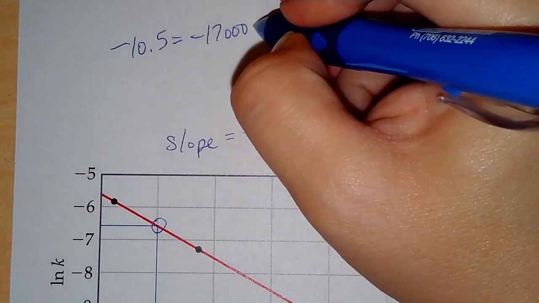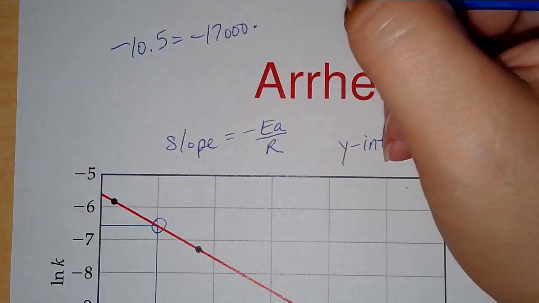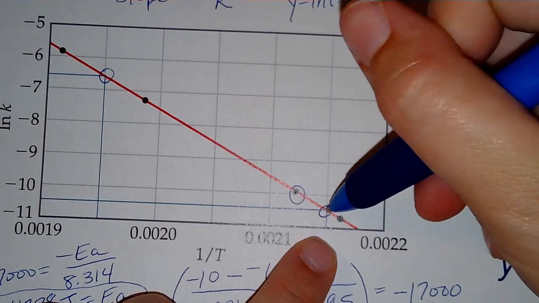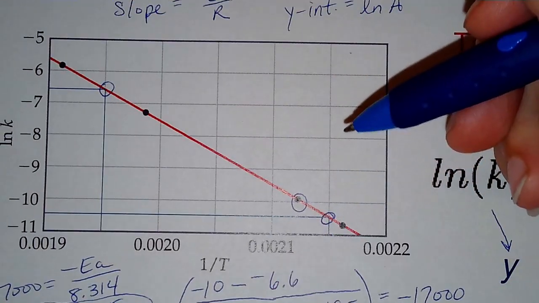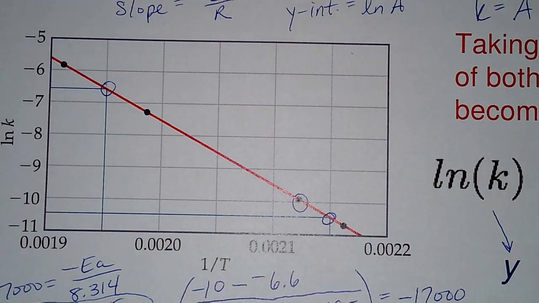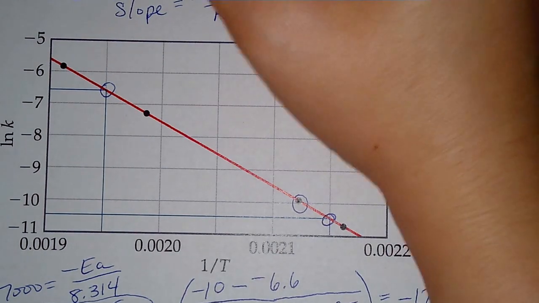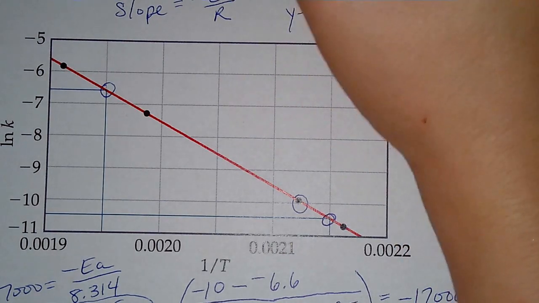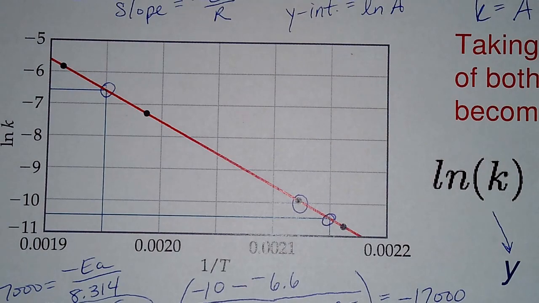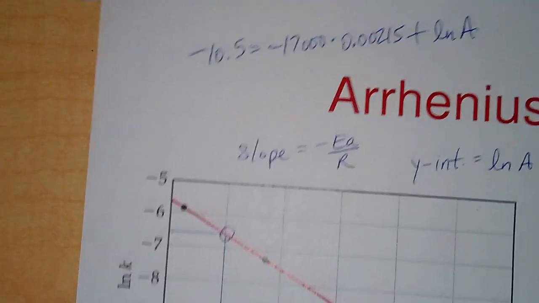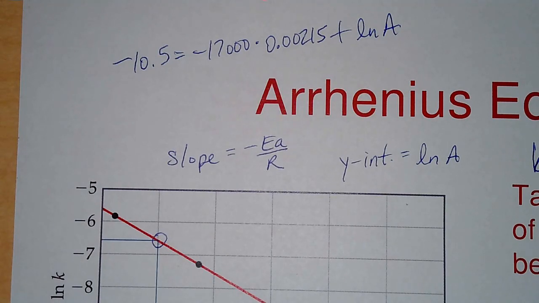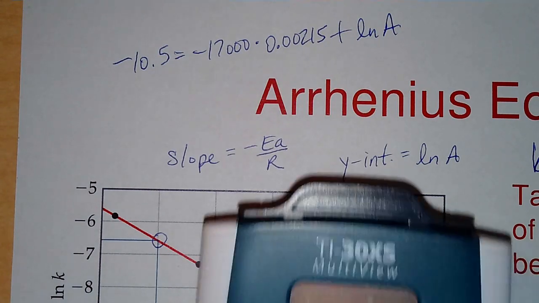My x value for this one, 0.00215, plus ln of A. So now we're just solving for the ln of A.